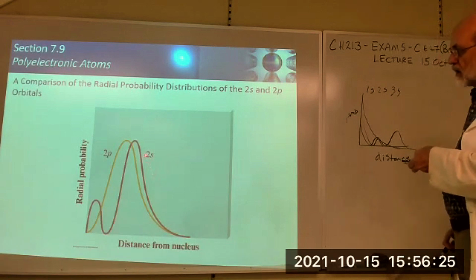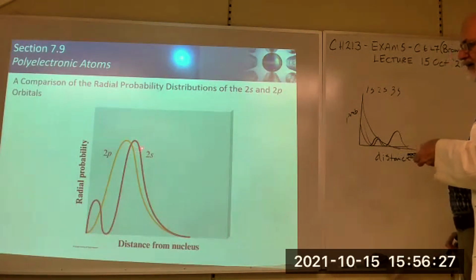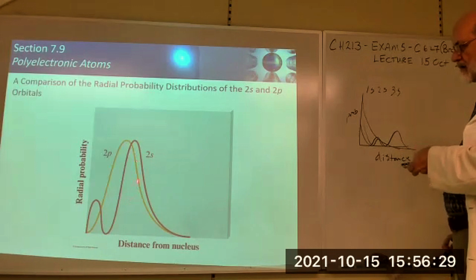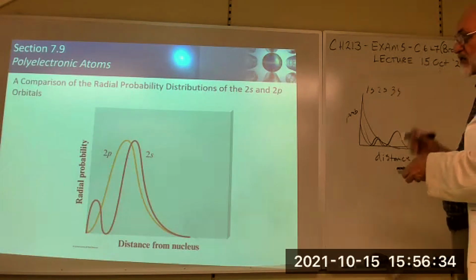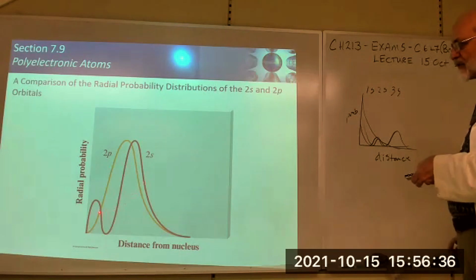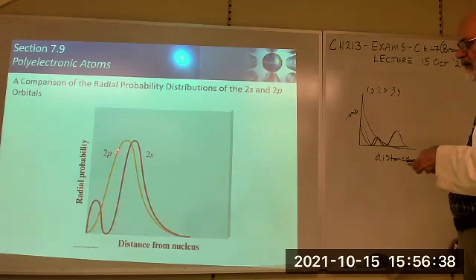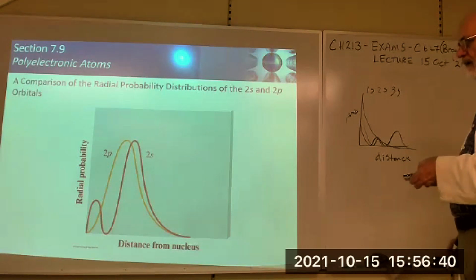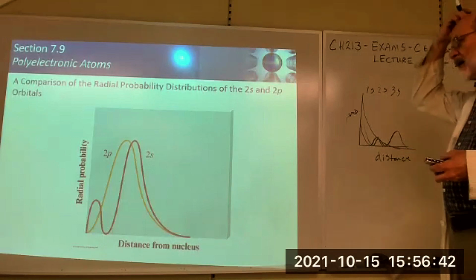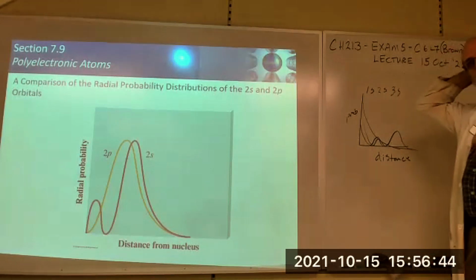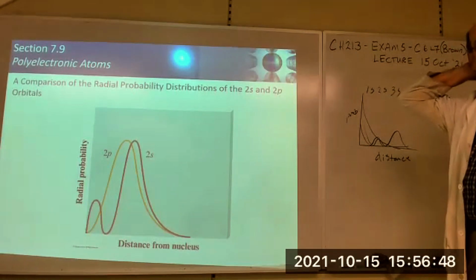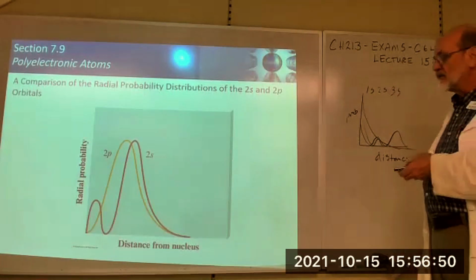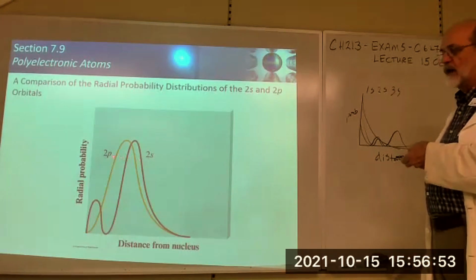So even though 2s has most of its density farther out, it still has some that is closer to the nucleus than the 2p. Taken all together, that makes the 2s orbital lower in energy than the 2p. That penetration effect makes 2s lower energy than 2p.